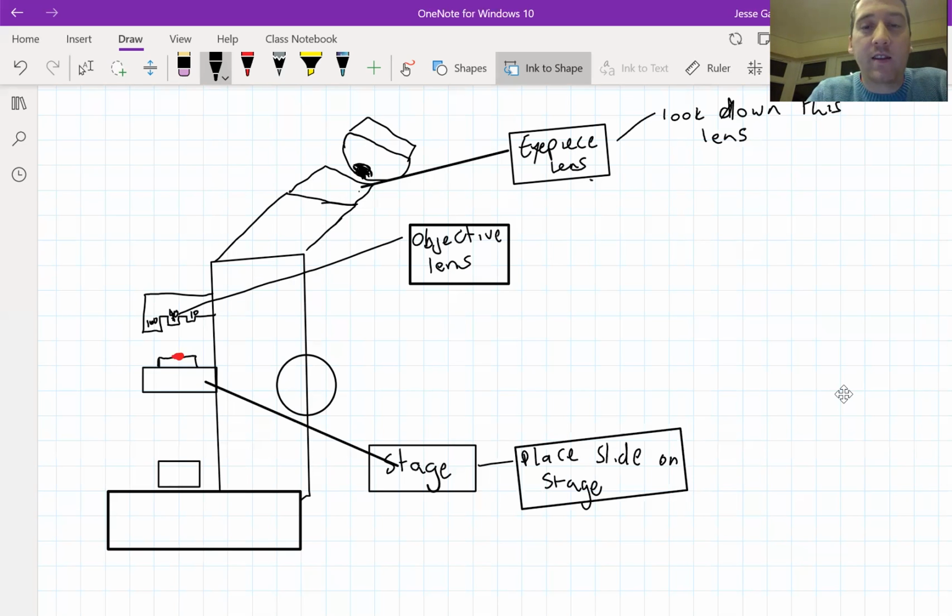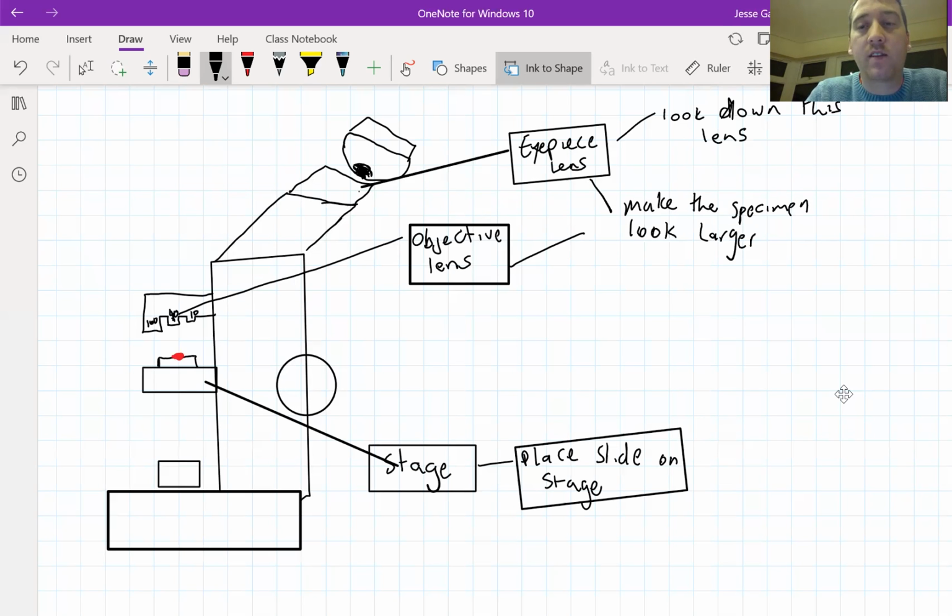The eyepiece lens and the objective lens make what we call the specimen, which is the substance or the thing that you're looking at, be it cells or pieces of living things, look bigger. Remember, it doesn't actually make them bigger. It just makes them look larger.